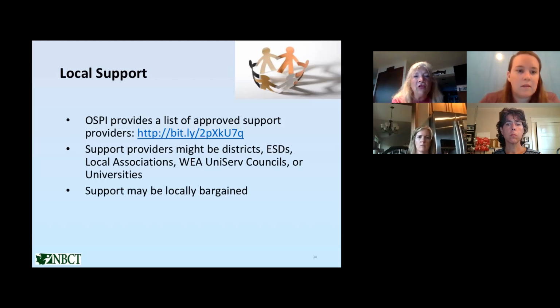But you can also call any of your union reps or president and say, you know, what kind of funding. Most schools allow for teacher resource funds to be used to pay for cohort. A lot of schools have some release time they give for taking assessment.